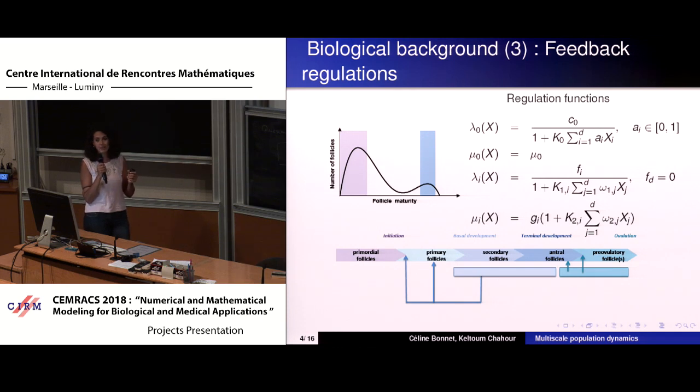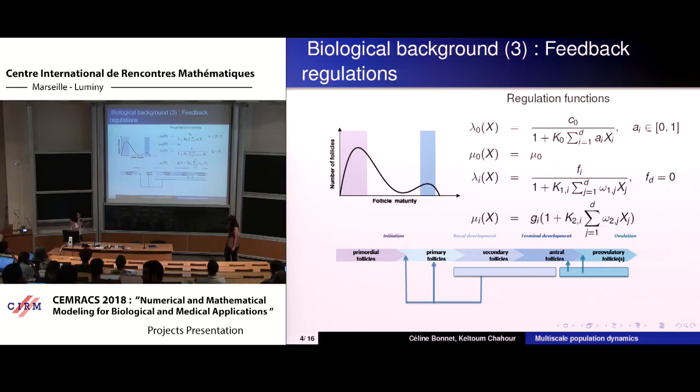The first aspect is the negative feedback coming from a part of the follicle pool that inhibits the growth of follicles in the initial stages. This is given by the expression of lambda, where this sum gives a negative feedback on lambda from the population. These expressions are quite common in the literature. So this is the first aspect that we incorporate into our mathematical model by this expression.